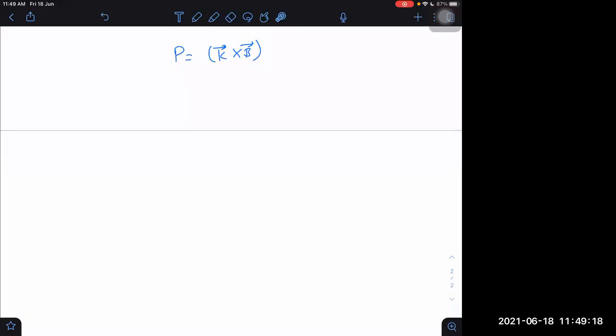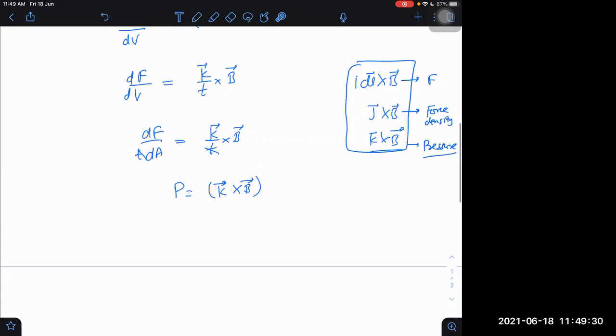But if external field is given, we can consider based on that only. If we use this formula for total field, then also there will be no problem, because the force acting on it due to internal field will become zero only. I can take it as net B, or I can take it as external B. Both should give us the same result.